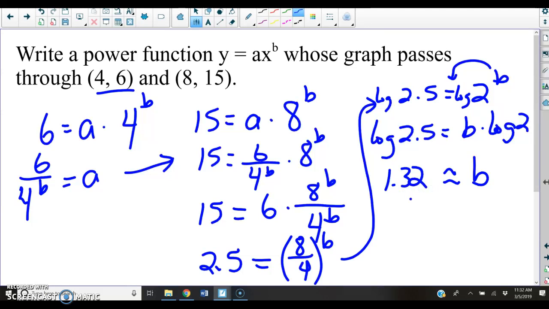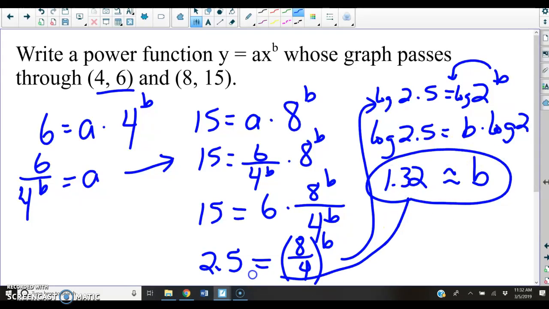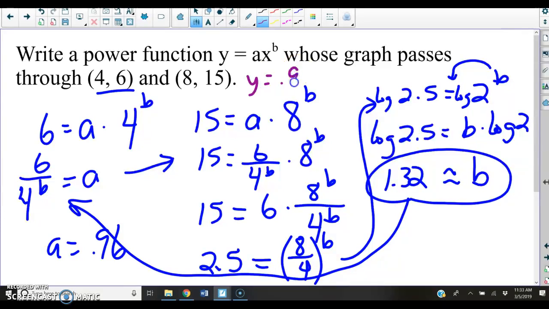And then you can come back and put b in as your exponent, and a turned out to be, I want to say 0.96, but I might be wrong. Yeah, a turned out to be 0.96. So the power equation that fits this data is y equals 0.96 times x to the 1.32.